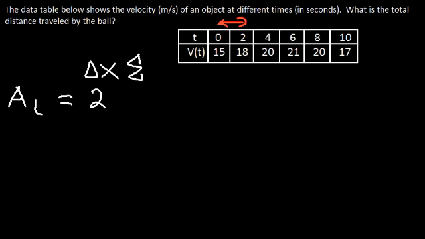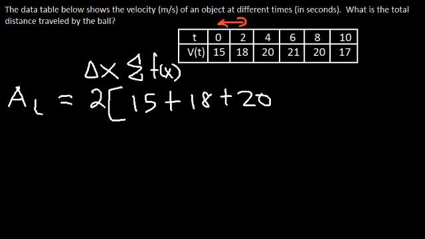Now we need to add up the y values, in this case, the velocity values. Now for the left Riemann sum, we're going to choose every point on the left except the last point on the right. So that's the first 5 points. So that's v of 0, which is 15, plus v of 2, which is 18, plus v of 4, and v of 6, and v of 8. And we'll stop here.